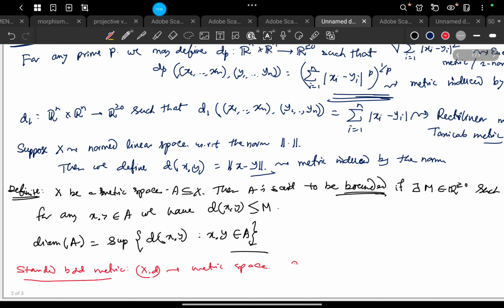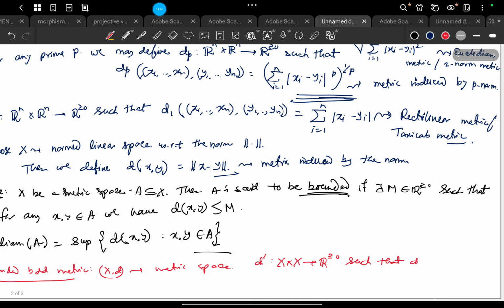Then we can define another metric d' from X cross X to R, greater than or equal to 0, such that d'(x, y) is equal to the minimum of 1 comma d(x, y). So this d' is said to be the standard bounded metric.